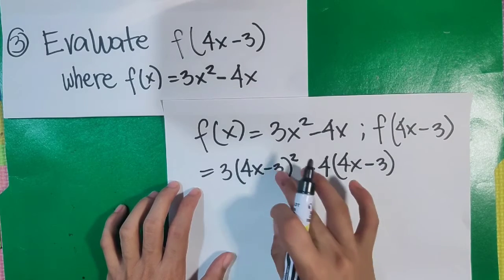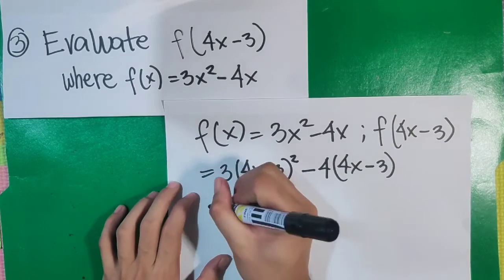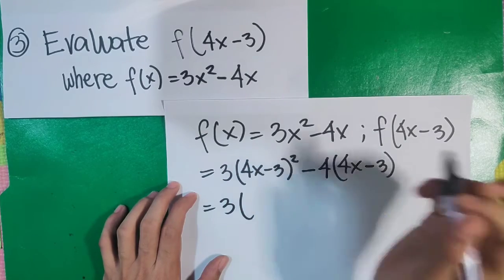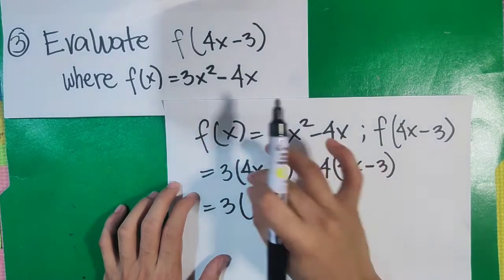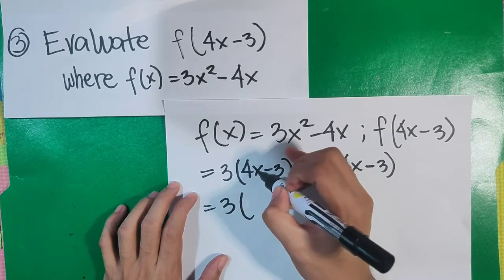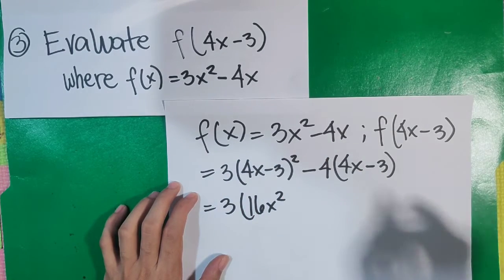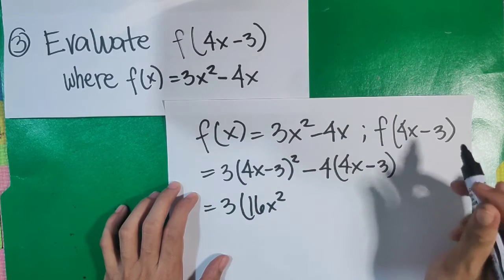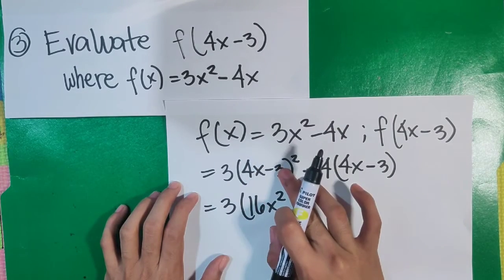First, we need to simplify this 4x minus 3 squared. So 3 times, to get the first term, we need to square the first term. So 4x squared is 16x squared. To get the middle term, we need to multiply the first term and second term, multiplied by 2.